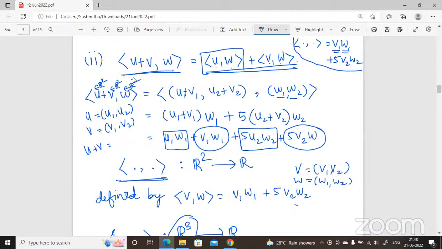I got all that, but I have not got how condition 2 is satisfied. The last line you have written. So what is the inner product U comma W? U1 W1 plus 5 times U2 W2, right?